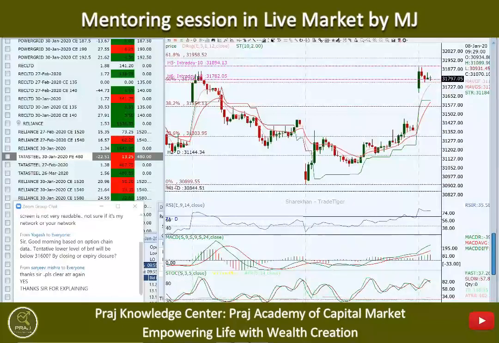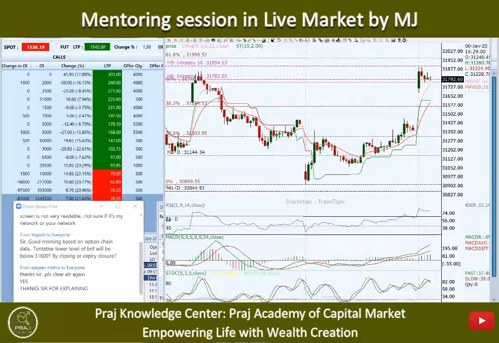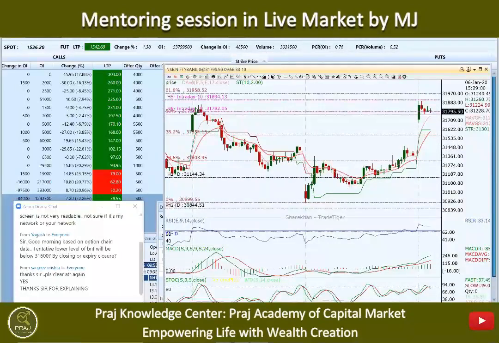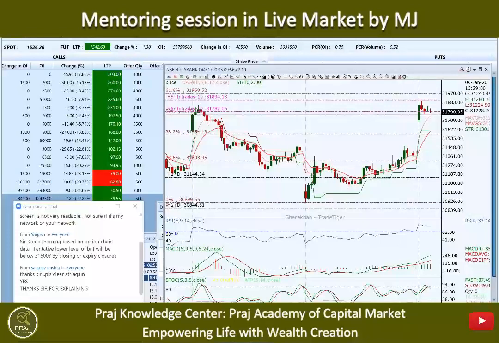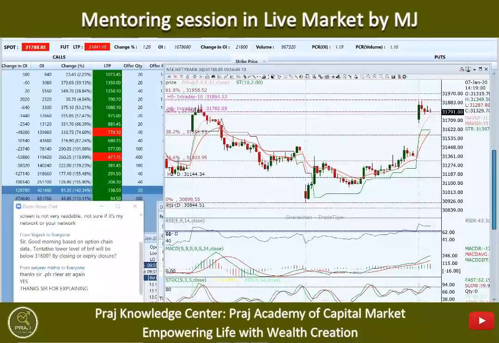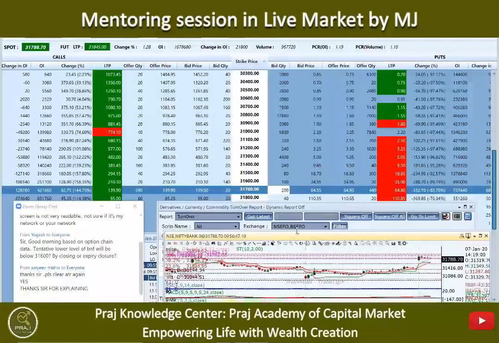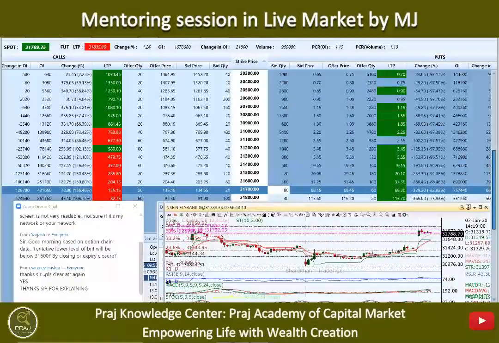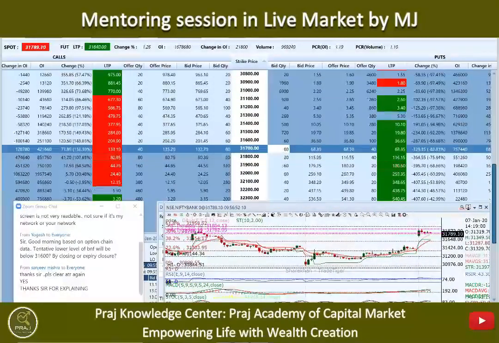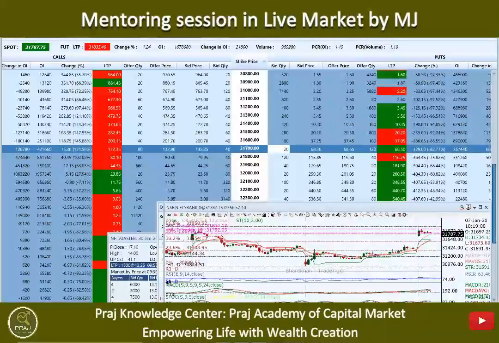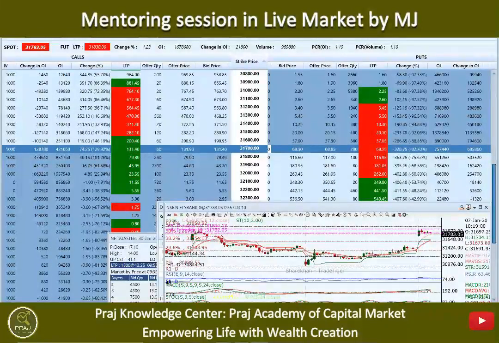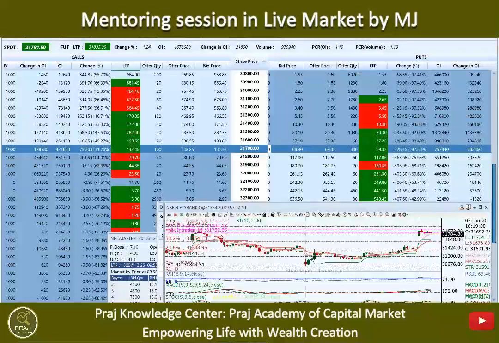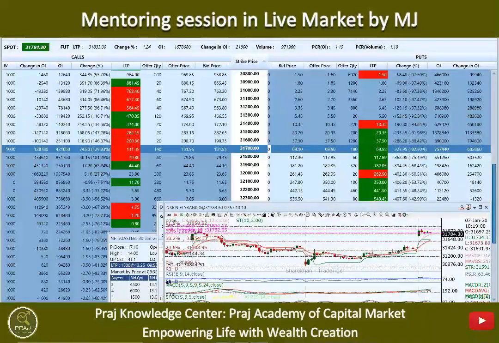Based upon that, if I go to option chain data on Bank Nifty. So this is my strike price, between 700 and 800.